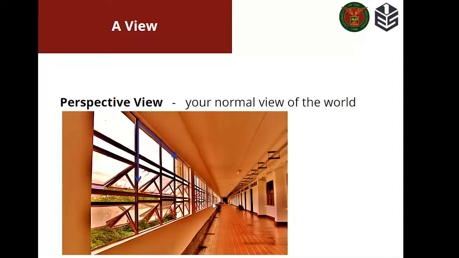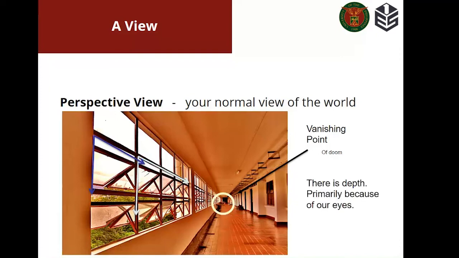But using perspective view, we will see that they will have different angles. So I just copy pasted the blue rays, and you will see that they have different angles just from the adjacent window panes only. Okay, and there is what we call vanishing point. So everything vanishes to a point in our perspective view.